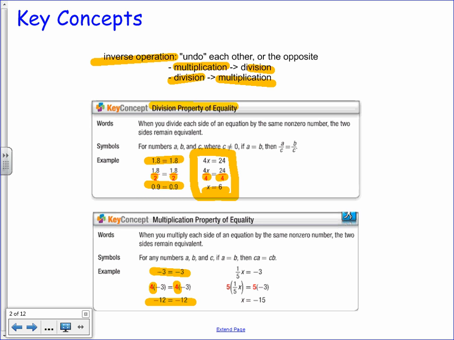Okay, and then if I had an equation like over here, I have 1/5 times x equals -3. Well, to undo multiplication, I don't like this example. You would do 1/5 x equals -3. This is being multiplied, so we divide by 1/5.